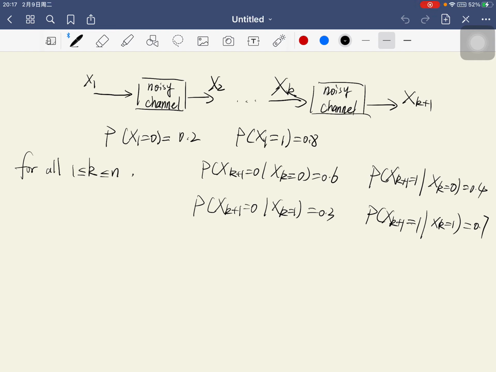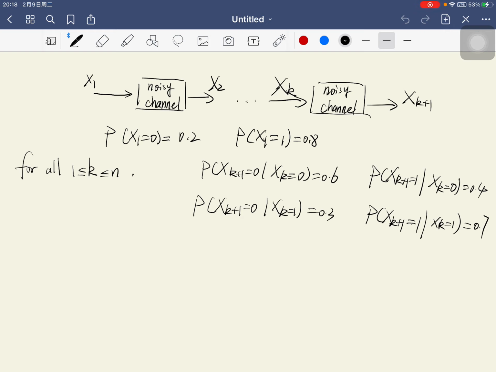This is question 2 in homework 2 of the course Probability and Statistical Process. In this question, a sound signal x1 is transmitted through a noisy channel to get the received signal x2, and x2 is transmitted to the next noisy channel, and so on.